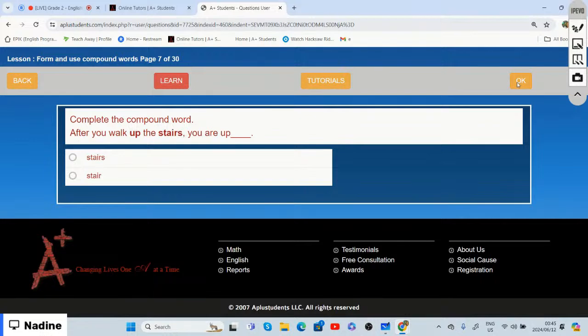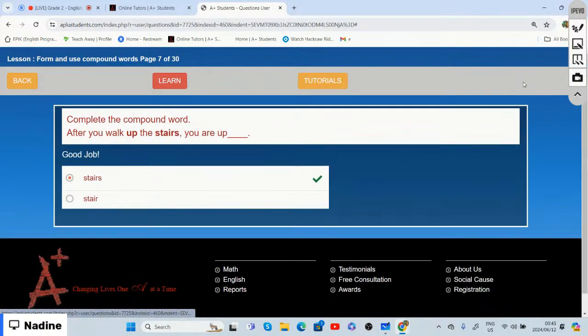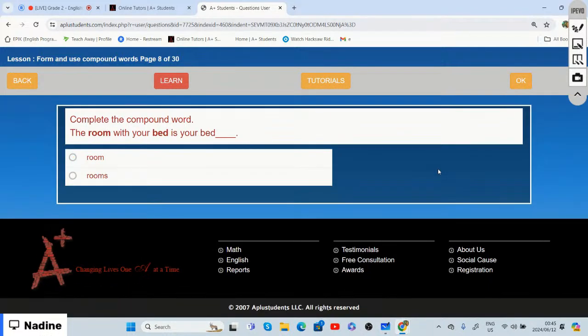And if we complete the compound word, it says after you walk up the stairs, you are upstairs. And stairs is correct.